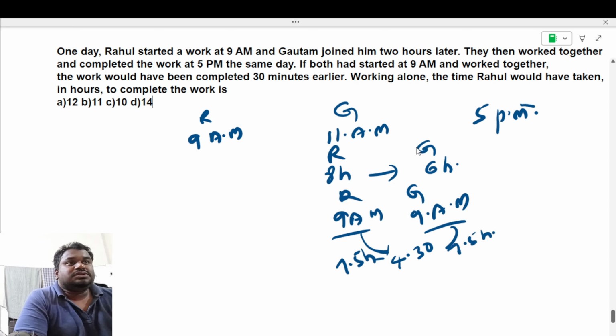Okay, now we have got two parameters based on the given data. Working alone, the time Rahul would have taken in hours to complete the work. So using these two cases, we can get the relation between the efficiency of Rahul and Gautam.